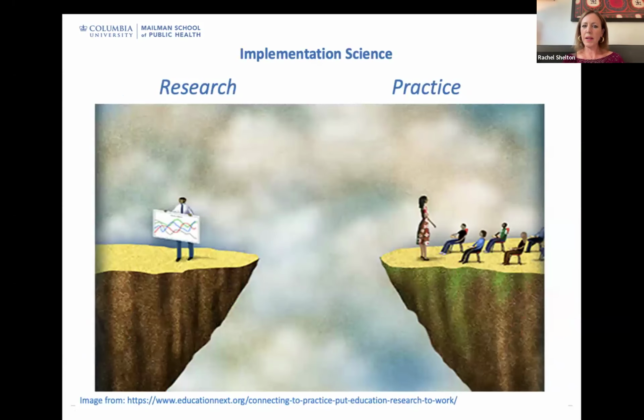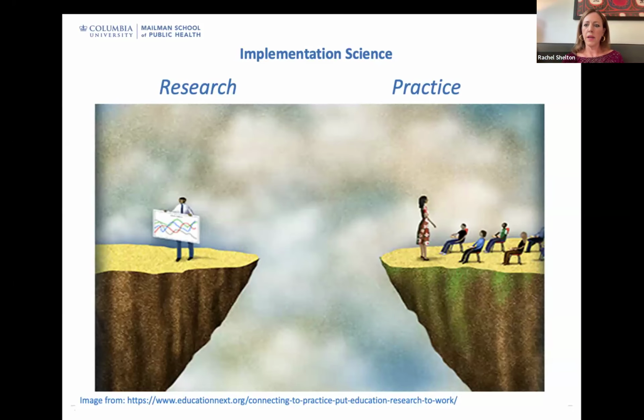Okay, so a little bit about implementation science for those of you who are newer to the field. Implementation science is an area that developed, at least in the US context, about 20 or 25 years ago, in recognition of this very well-documented gap between research, all of the investments that are made in developing and testing evidence-based interventions, programs, and practices to improve health, and practice, what's actually routinely delivered in most real-world community, clinical, and public health settings.